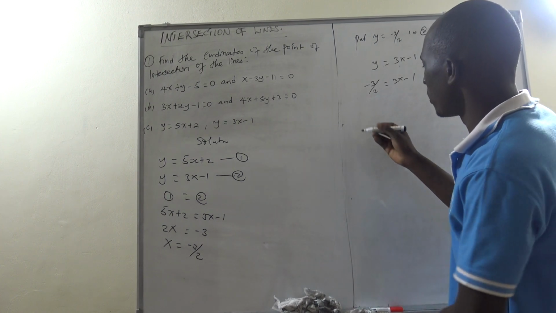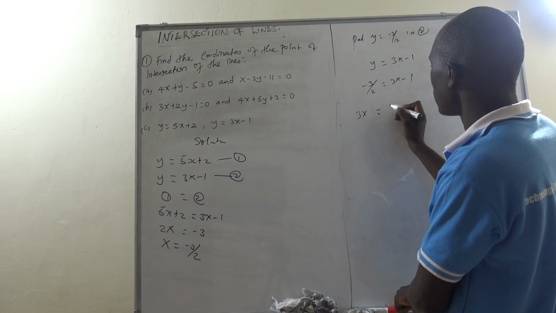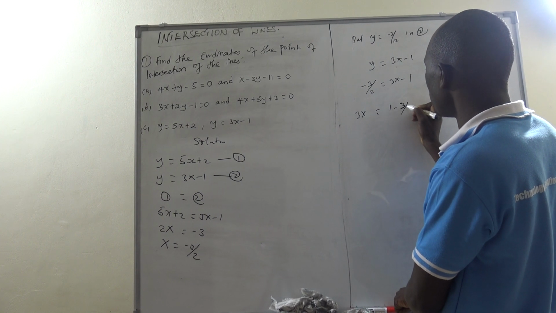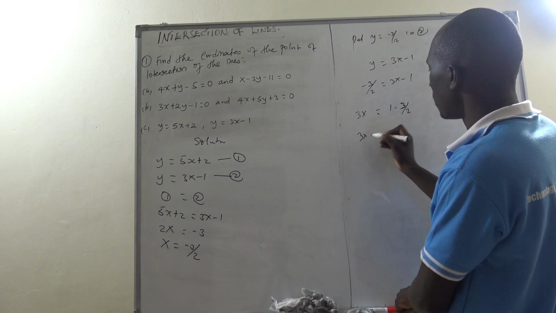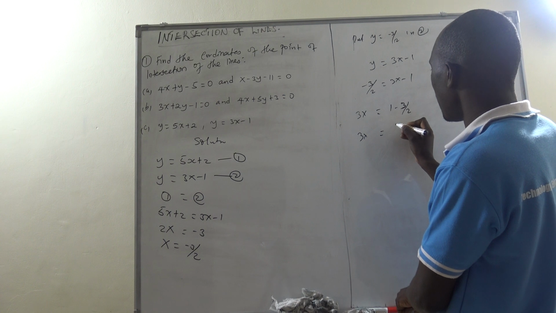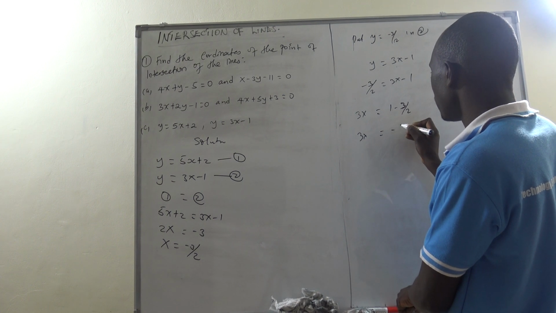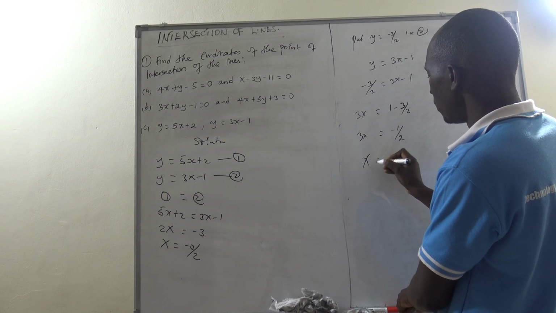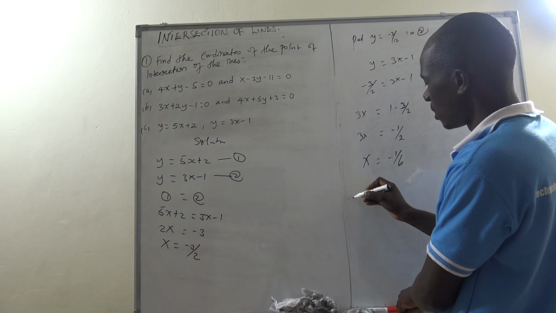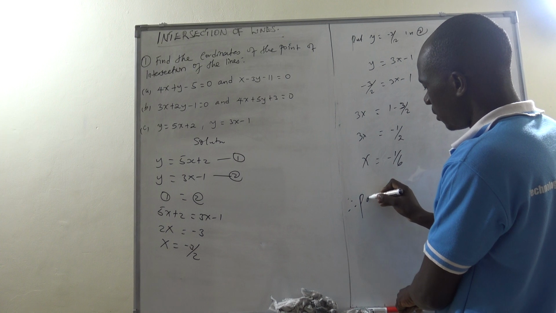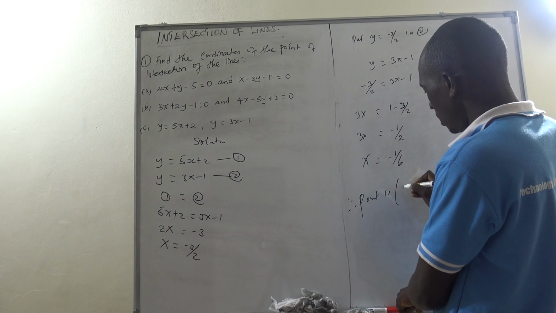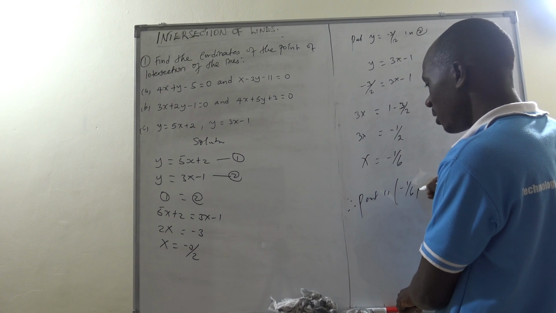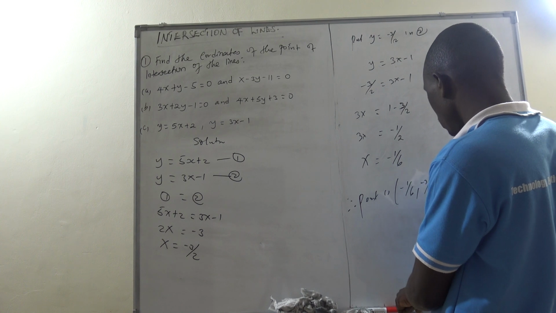Therefore, the point is (negative 3 out of 2, negative 11 out of 2).